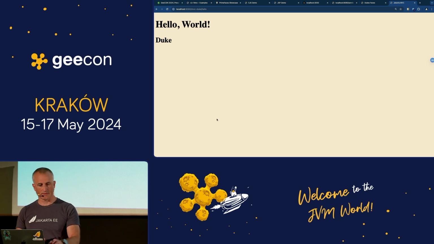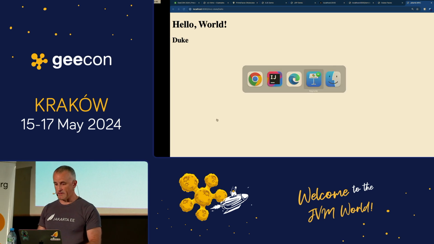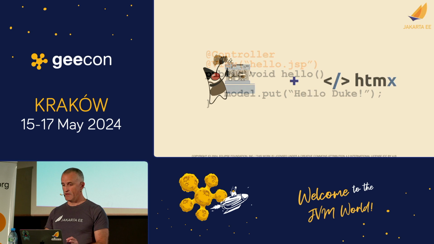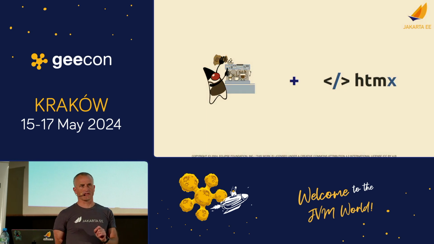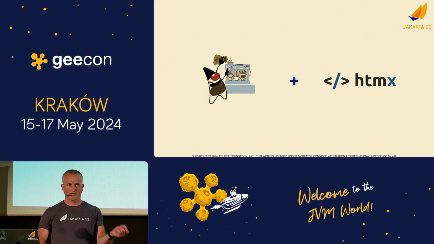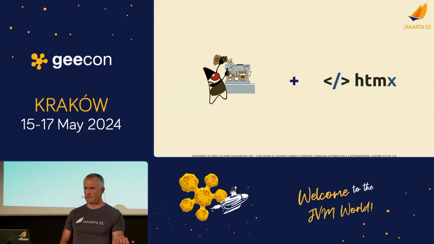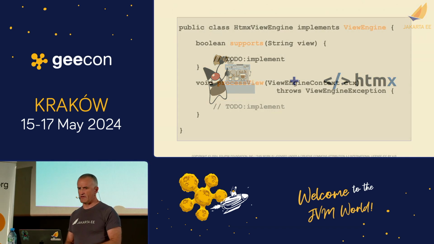I chose JSPs here. An interesting thought is, how cool would it be if we used HTMX as a view engine? Would that be useful? Would it even work? It's just an experiment.